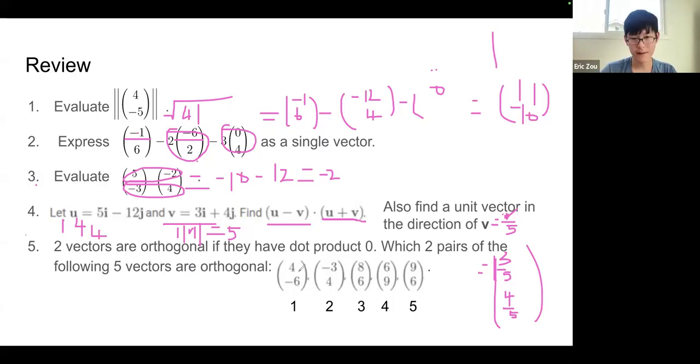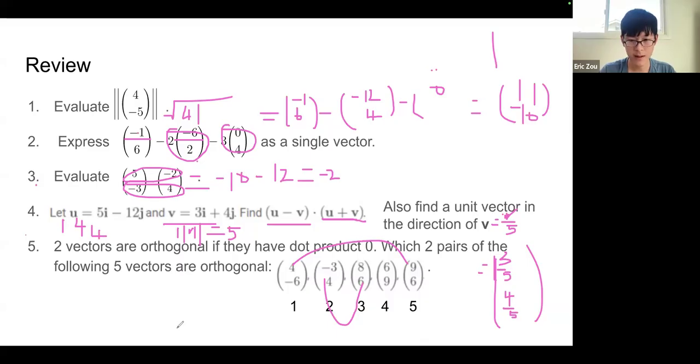All right, for question 5, you just go over all the pairs. You can eventually find that these two work because 36 minus 36 is 0, and these two also pair up. And also, interesting fact, well, not that interesting, but two vectors being orthogonal actually means that they're perpendicular in the xy plane.